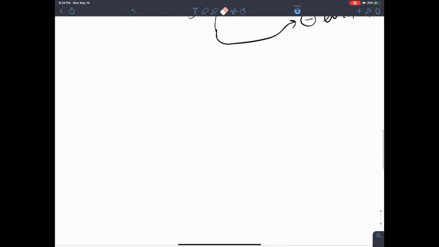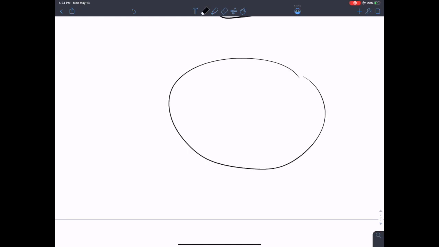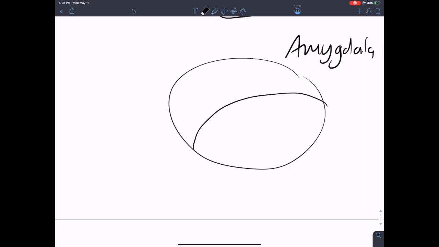And so when I say basolateral nucleus, what am I talking about? Well, there's three main nuclei in the amygdala. There's the basolateral nucleus, which is the big one. There's the medial nuclei. And there's the central nuclei.